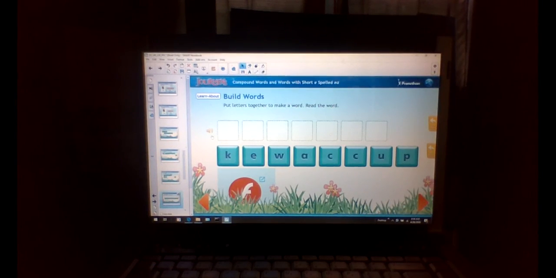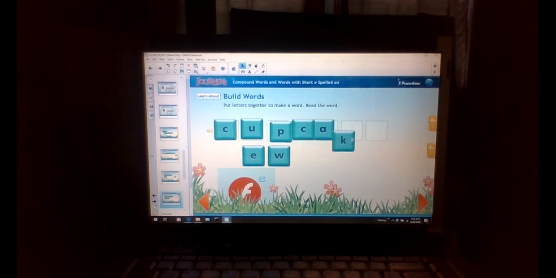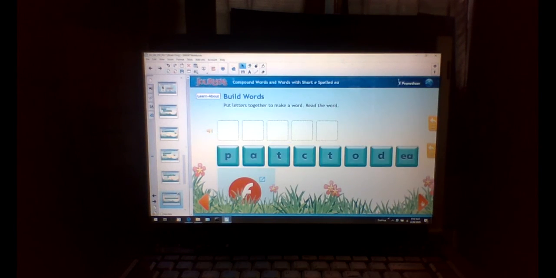Okay, and we'll do the one last one. Cupcake. That's a compound word. We have two words. We have cup, and then we have cake with that long A sound. Cupcake. Good job, boys and girls.